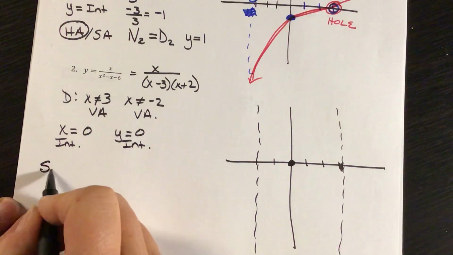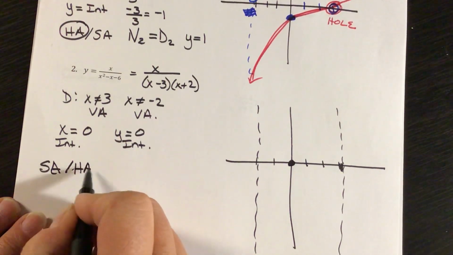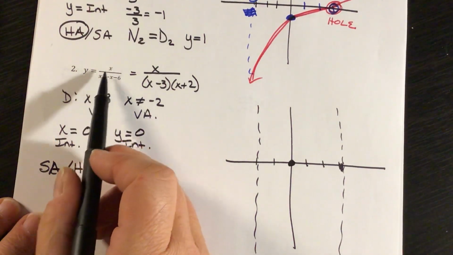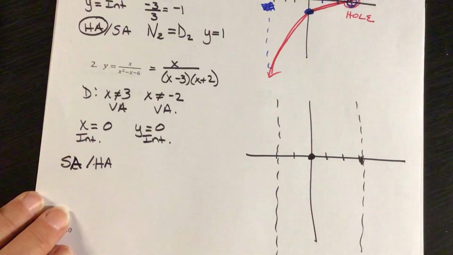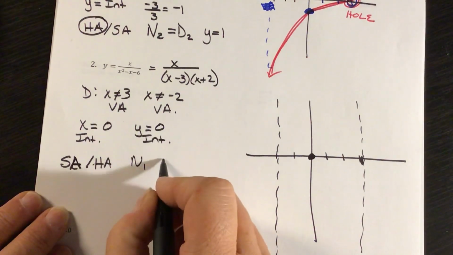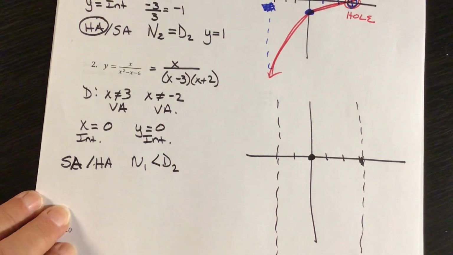How about slant asymptotes or horizontal asymptotes? So if I look at my degrees in the numerator and the denominator. The numerator has degree 1, the denominator has degree 2, so the denominator is bigger.